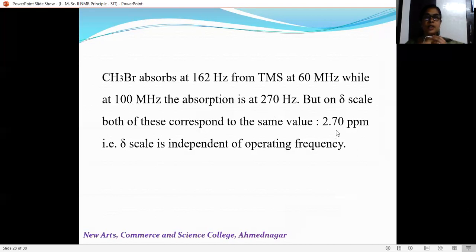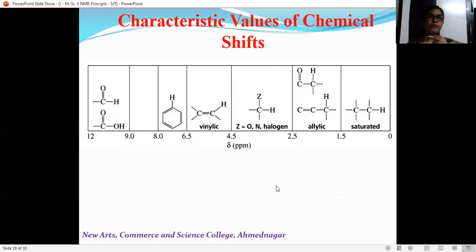That's why a scale which is independent of operating frequency, that is the delta scale, is used to record the absorption frequencies. On the delta scale, the signal will be observed at the same value on both the 60 megahertz machine as well as the 100 megahertz machine. The important thing is that the delta scale is independent of operating frequency.